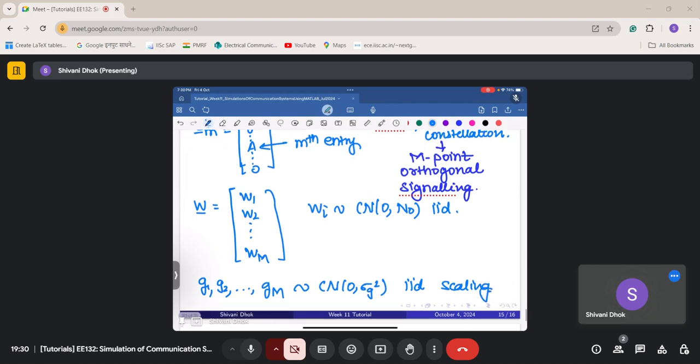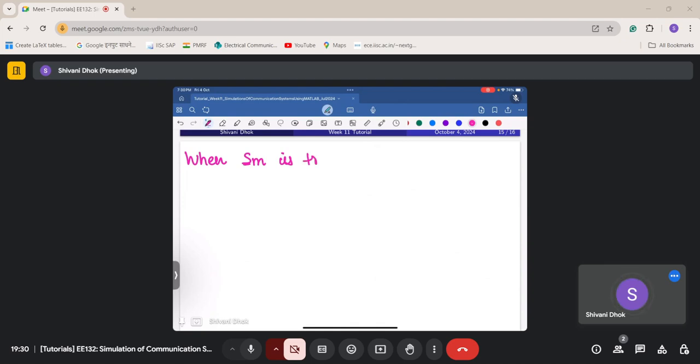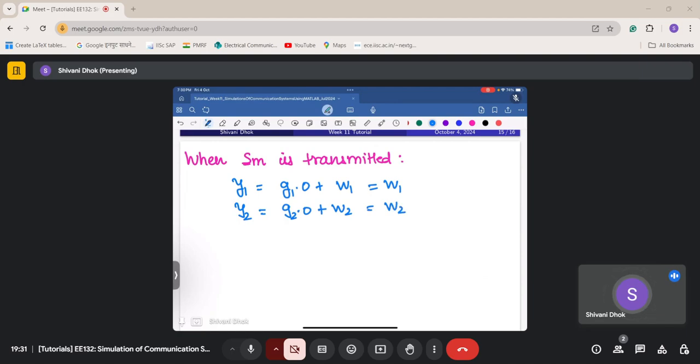Okay, so what will happen is, when Sm is transmitted, what I will receive, my y1 will be g1 into 0 plus w1, which is w1, y2 equal to g2 into 0 plus w2, which is again w2, and so on.